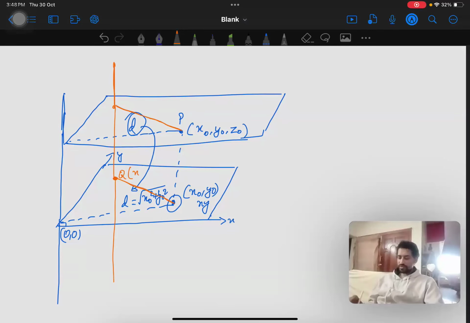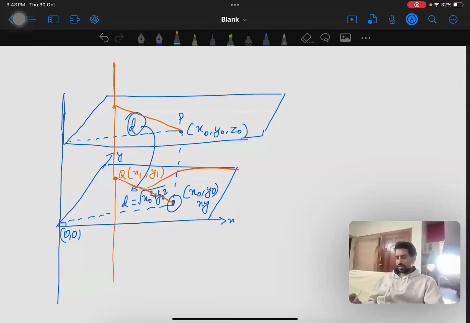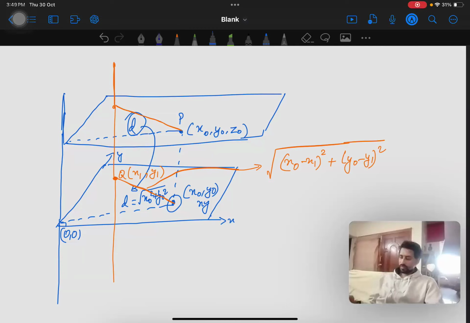Suppose it has coordinates x1, comma y1. So the distance would be root of how much? Square root of x naught minus x1 the whole square plus y naught minus y1 the whole square. This would be the distance between the line and the point P also. Fine. This is point number 1 that we have to make a note of.